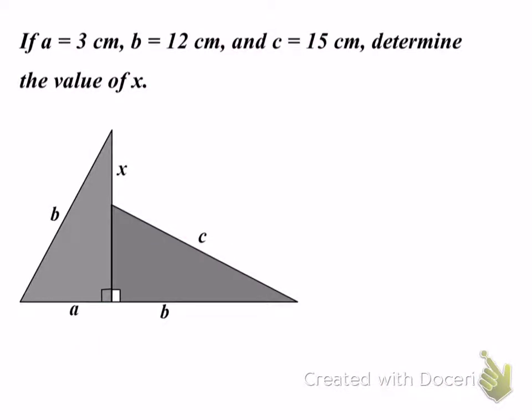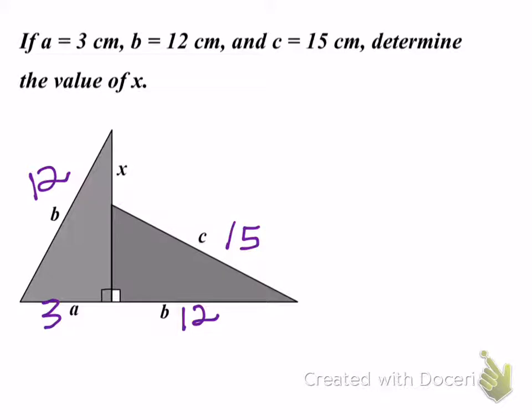Okay, this next one says if A is 3, so I'm going to go ahead and write all of these on here as I'm reading it. So A is 3, B is 12, and C is 15, determine the value of X. Oh, and I forgot that this is also a B down here, so that's 12.